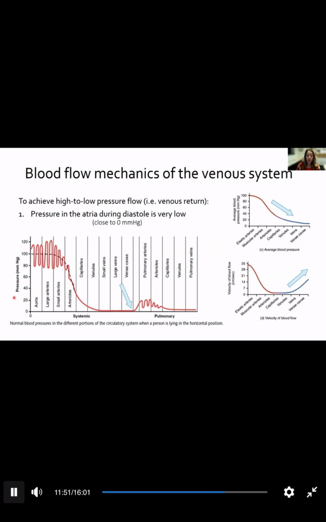Okay, so now we're looking at a pressure graph across the systemic and pulmonary systems. You can see pressure high to low. That's exactly the same pressure graph that I'm showing you up here in the corner. However, this graph shows we're now back at the heart. This unlabeled section here is the heart. Once we're back in the heart, pressure increases because the heart is pumping from the right ventricle out into the pulmonary artery.